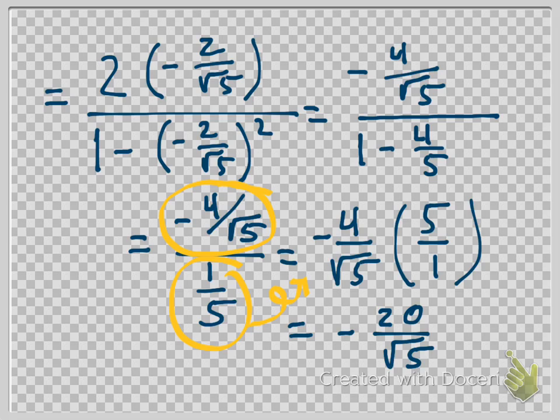So I have negative 4 over root 5 times 5 over 1. That's going to give me just negative 20 over root 5. And now would be a good time to rationalize this denominator here.